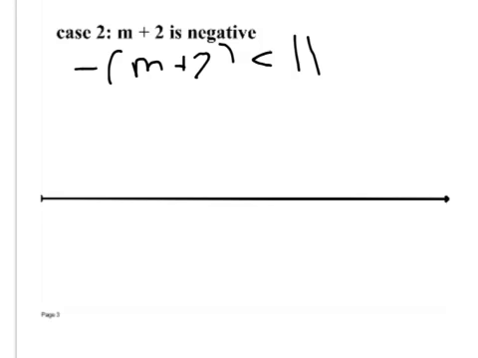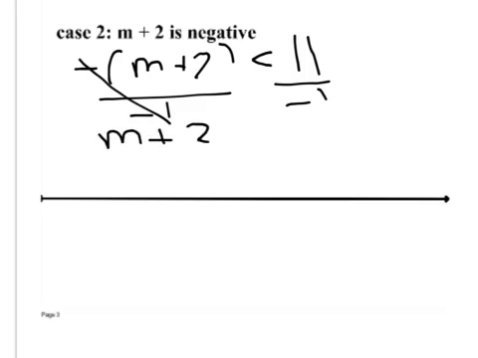I want to get rid of this negative sign, so I would divide by negative 1. That leaves me with m plus 2. We have to change our sign because I divided by a negative number. And 11 divided by negative 1 is negative 11. So we switch our sign and make our answer negative. Now we solve it just like we've been doing. So m is greater than negative 13.